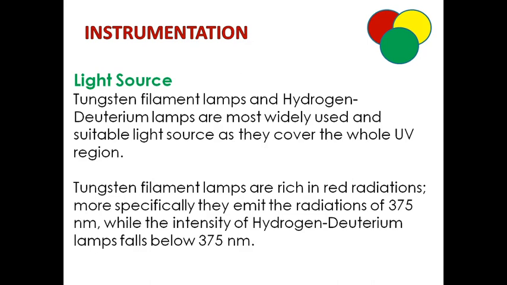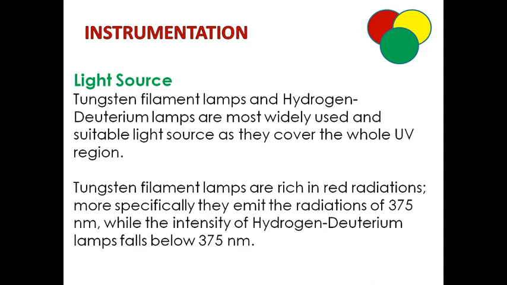Over that range, the hydrogen deuterium lamp cannot emit UV radiation. For that purpose, we are using the tungsten filament lamp. The tungsten filament lamp can emit radiation in a range of 375 nanometer to 800 nanometer.